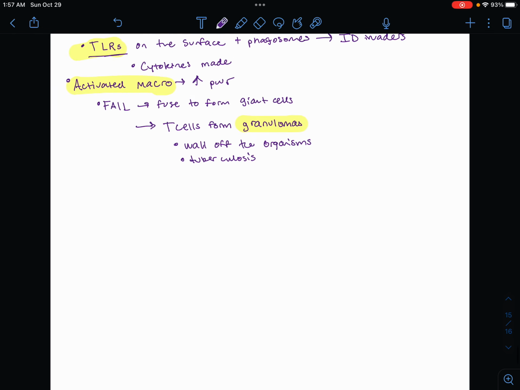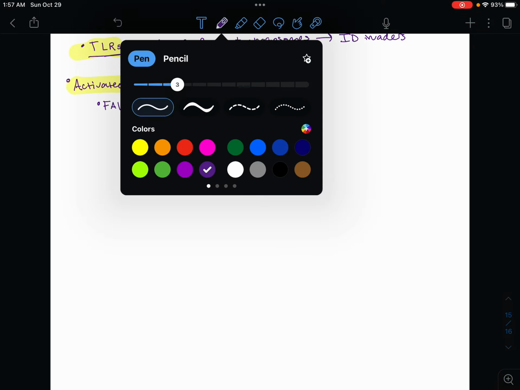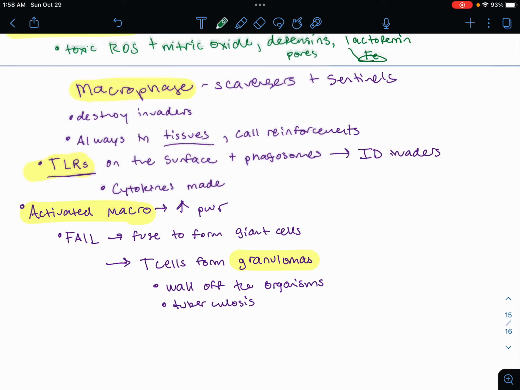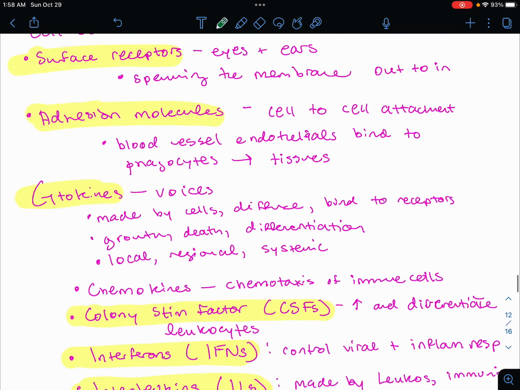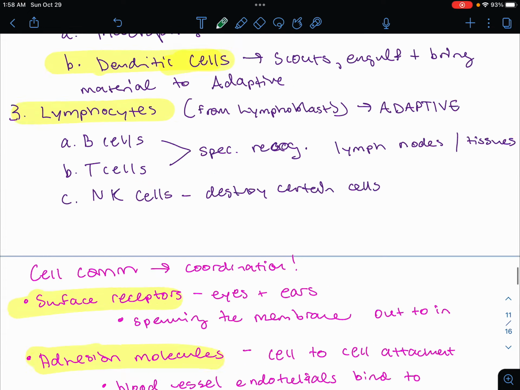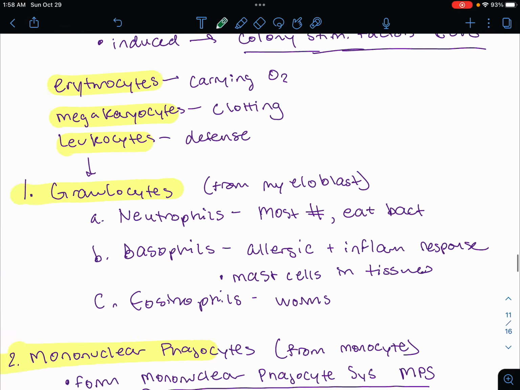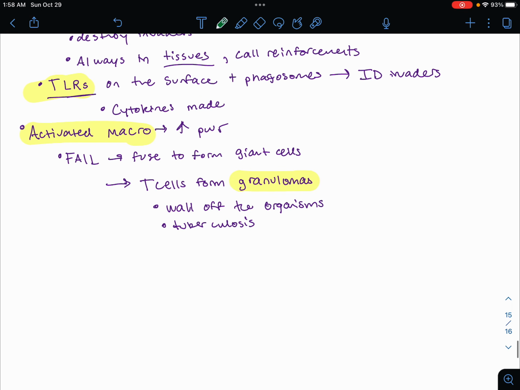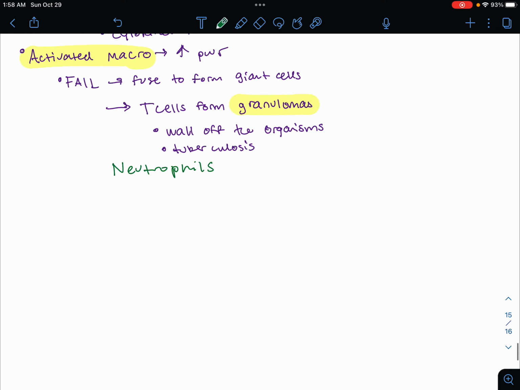Alright, let's now talk in depth about the neutrophils. These are going to be a granulocyte of the leukocytes. Here we said they're going to be the highest number, and they eat bacteria. So let's go into depth more about these cells. So this is going to be a rapid response.